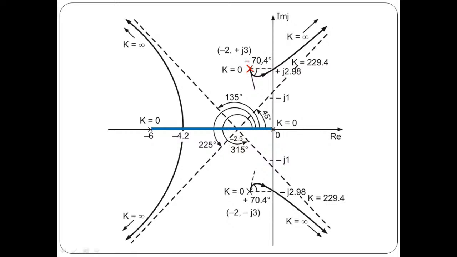It is minus 70.4, that's why we have indicated them in the clockwise direction. So this is the angle of minus 70.4. In the same way here it will be plus 70.4 in the clockwise sense. I hope this point is clear to everyone.